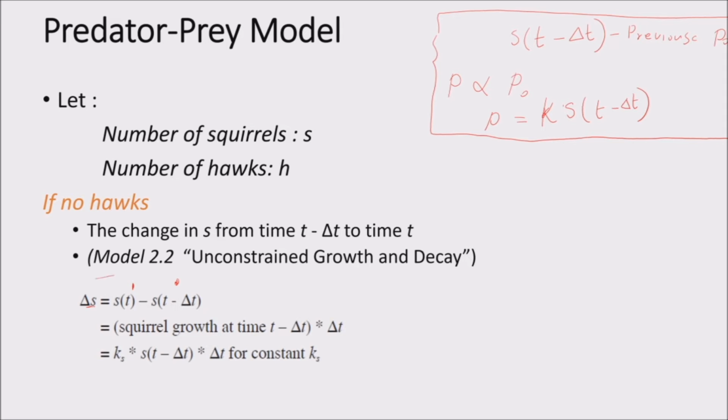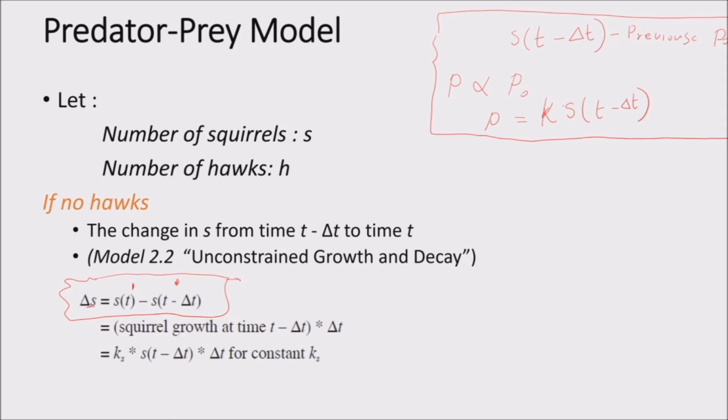The change in the value is equal to the new value minus the old value. So that is a finite difference equation. That's why I asked you that in the exams as well. Now you know why those questions were there.